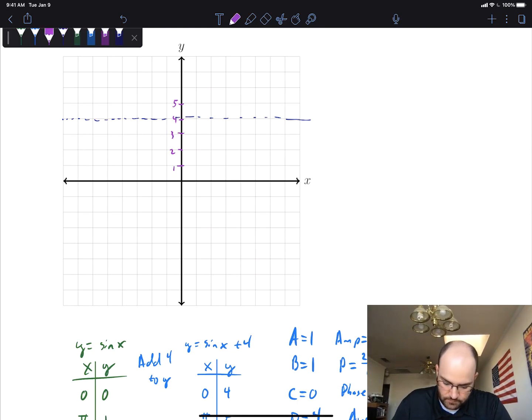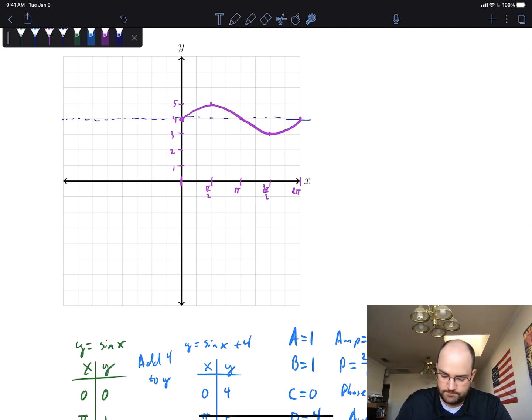Also, we're not moving anywhere, so I'm going to use these as my x's: 0, pi over 2, pi, 3 pi over 2, and 2 pi. And then just plot these: 0, 4; pi over 2, 5; pi, 4; 3 pi over 2, 3; and 2 pi, 4. And then just connect these with the curve.